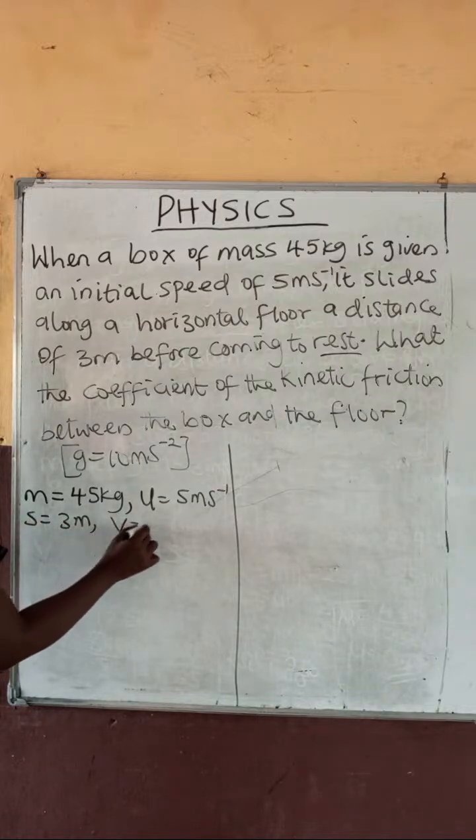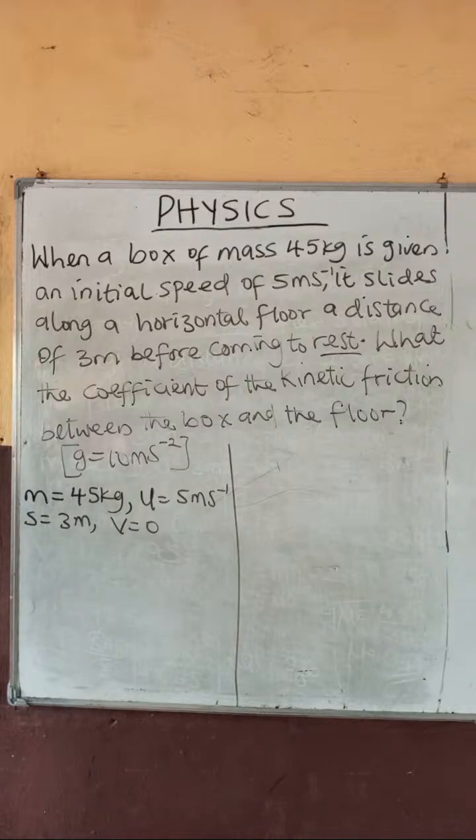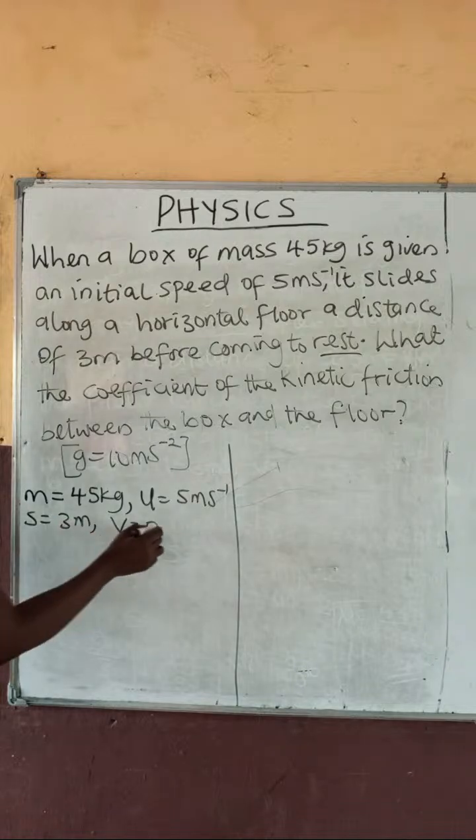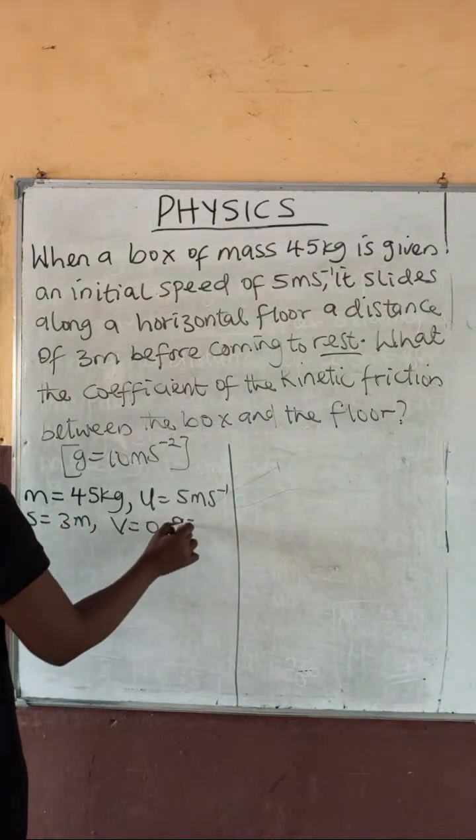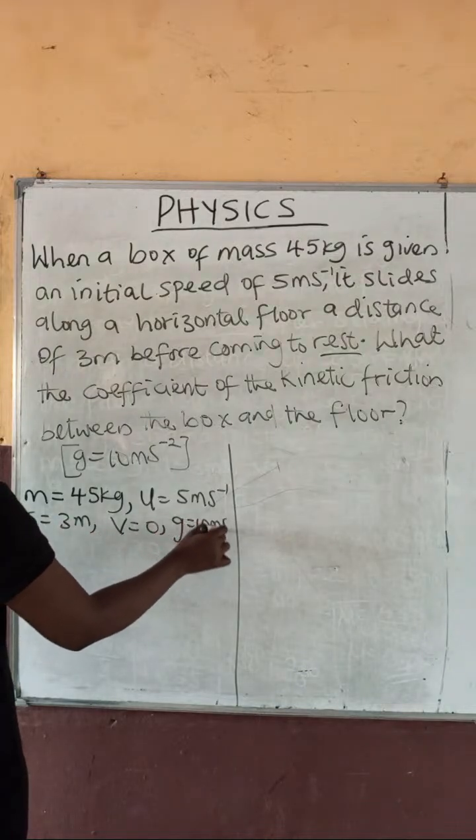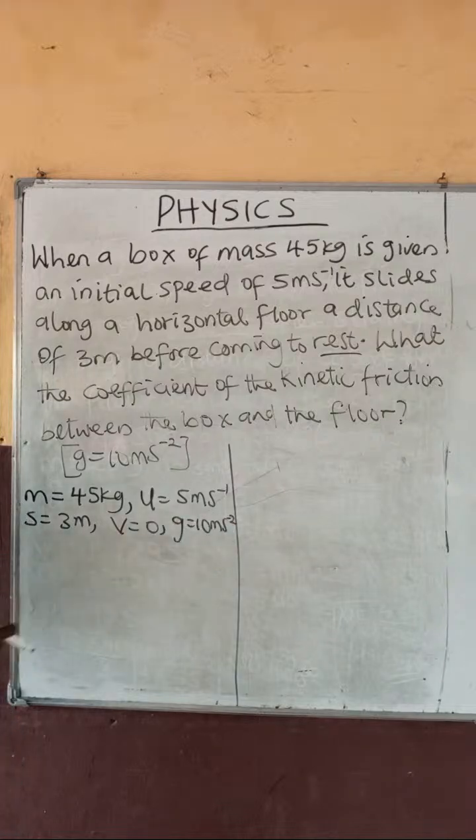That means my final velocity v is equal to 0. Now, what are you going to do? We're looking for the coefficient of kinetic friction, but for us to do that, we need to get the linear acceleration. So I'm going to use this equation.